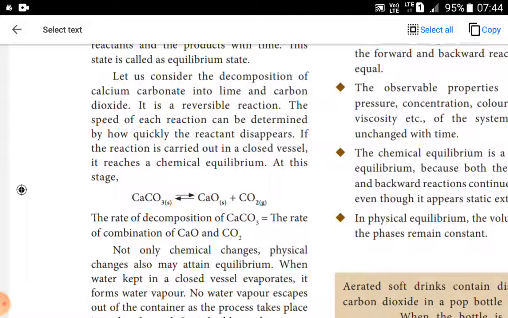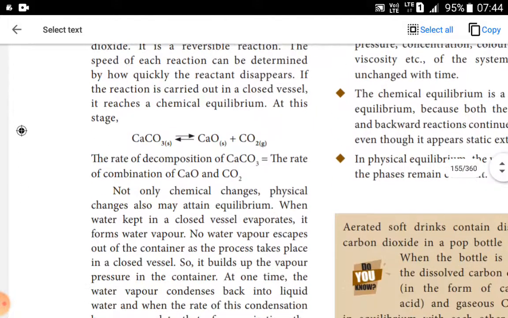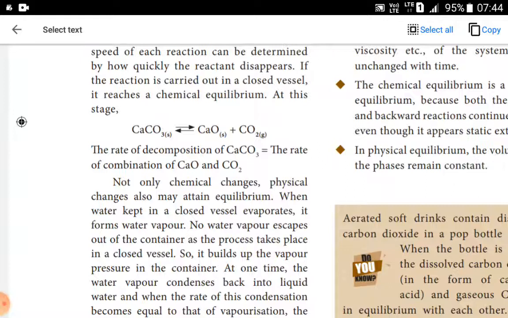Not only in chemical reactions, in physical changes also equilibrium is formed. For example, when water is kept in a closed vessel, it evaporates. And the evaporated water is condensed to form water vapor and water. No water vapor escapes out of the container as the process takes place in a closed vessel.